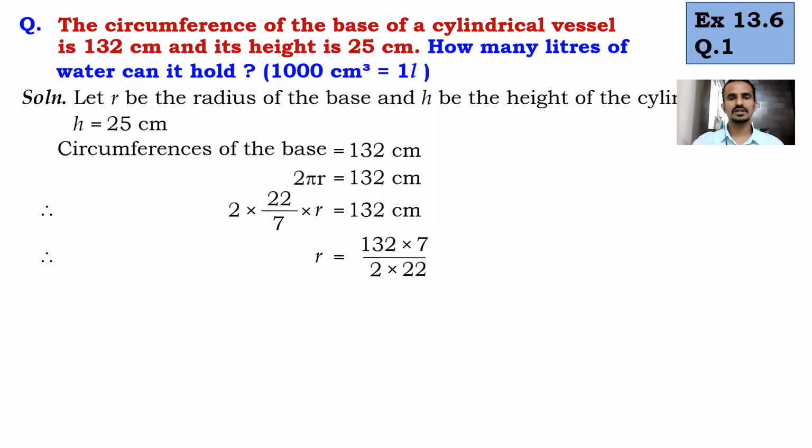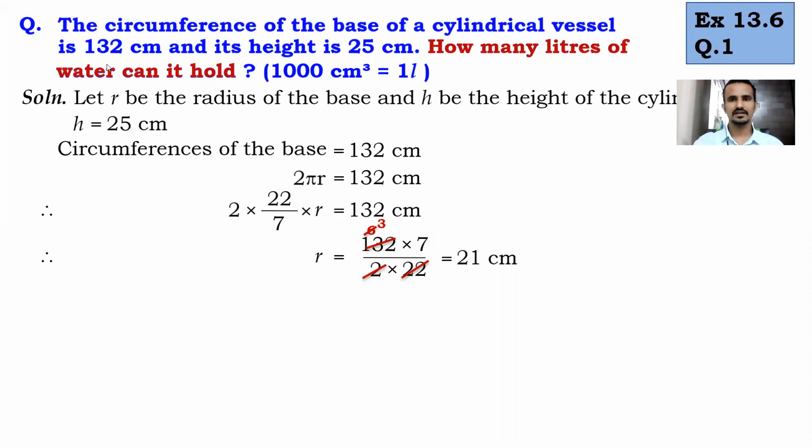Now 2 3s are 6. So we get 3 into 7, which is 21. Yes, most of you have given me the correct answer. The radius is 21.